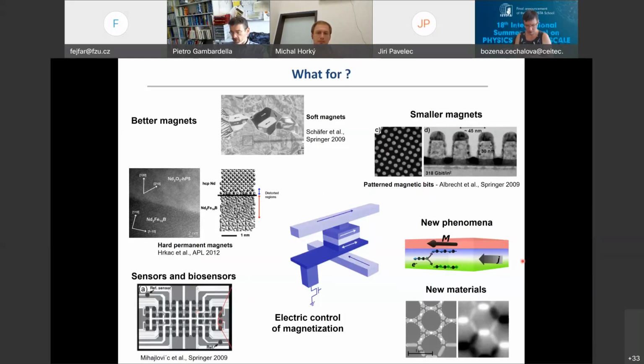There are also interesting phenomena that emerge that are not found in bulk systems when we combine different materials and tune their dimensions as well as proximity effects. And eventually what we will focus on at the end of this talk is the electrical control of the magnetization in small devices.